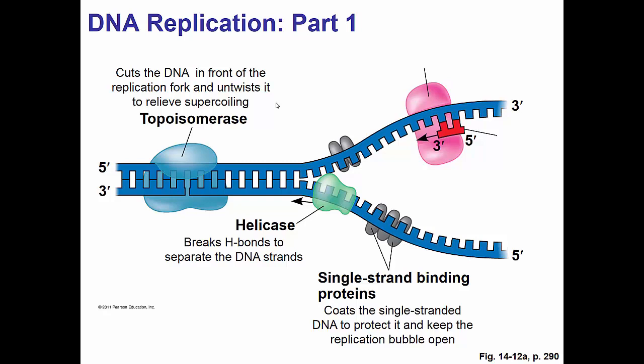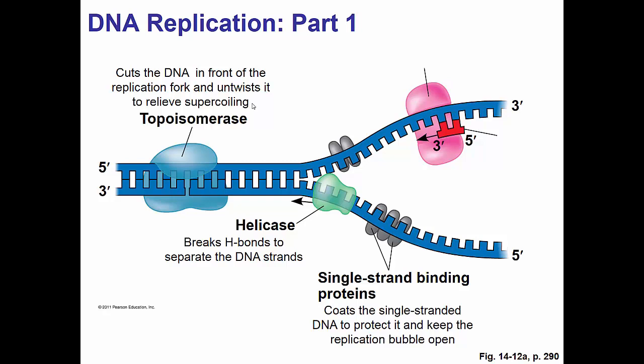And it does this by actually making a cut in either one or two of the strands of the DNA, depending on what type of topoisomerase it is, and then it actually untwists it and reseals that nick in the DNA strand. So the role of topoisomerase is to relieve supercoiling in front of the replication fork.